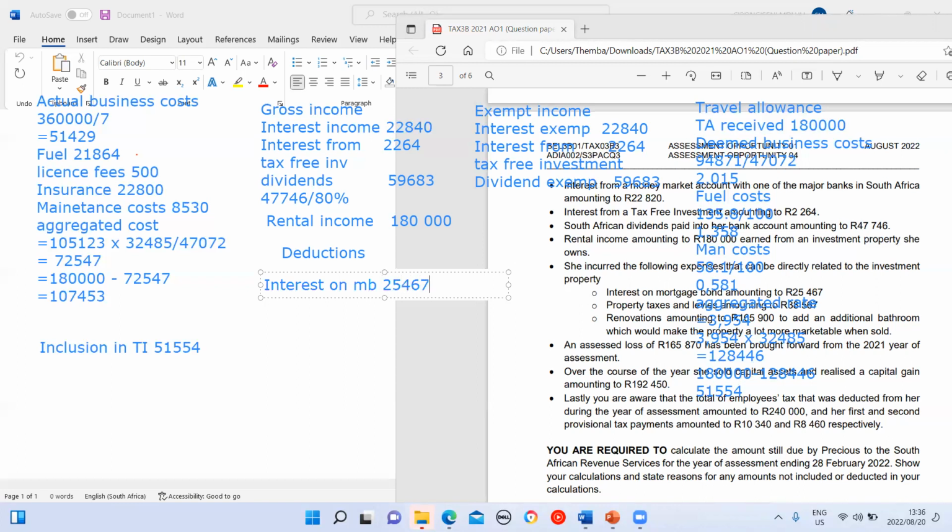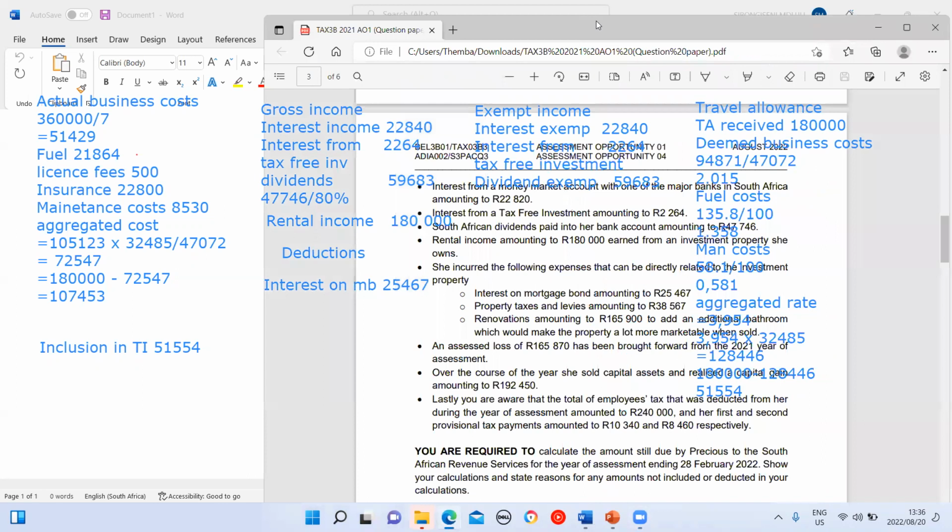But as I said, they really don't care about you knowing the sections here. You completed that, so it's fine. So in terms of property taxes and levies amounting to 38,567, we did say that they are in the production of income, so you'll have to include them under your deductions.